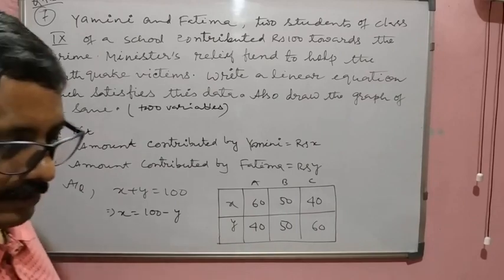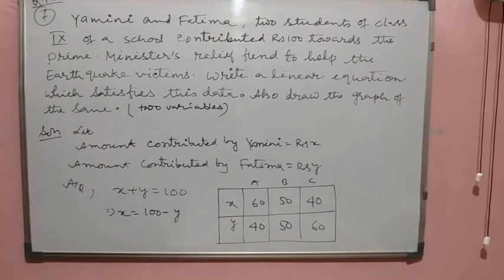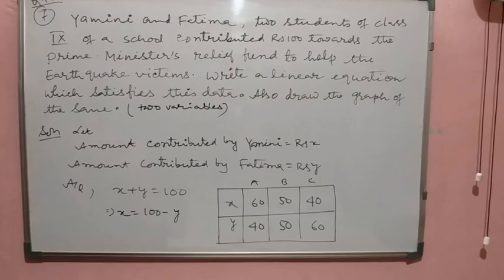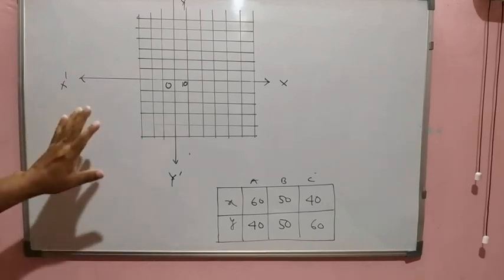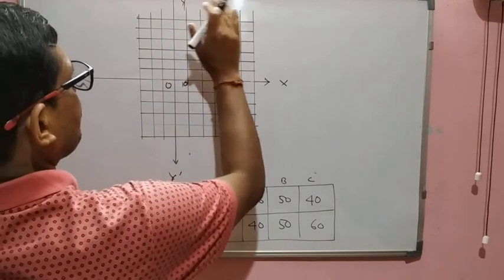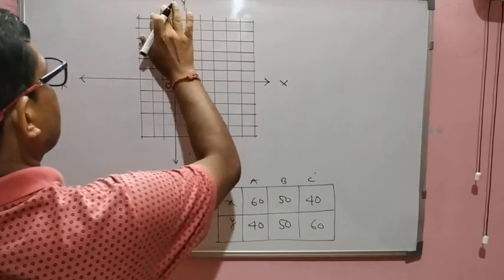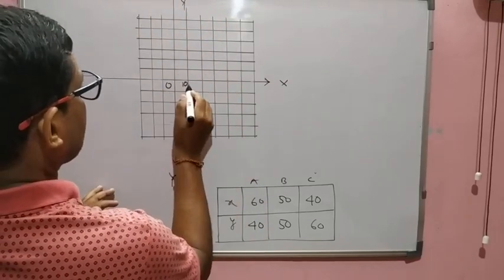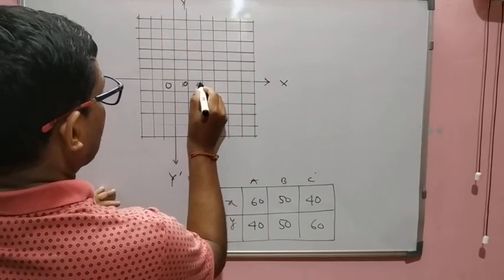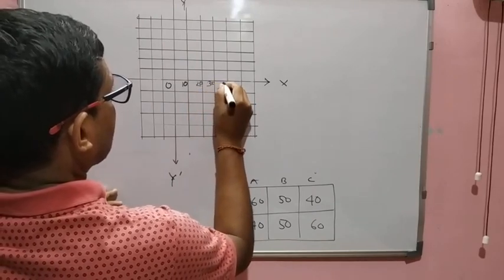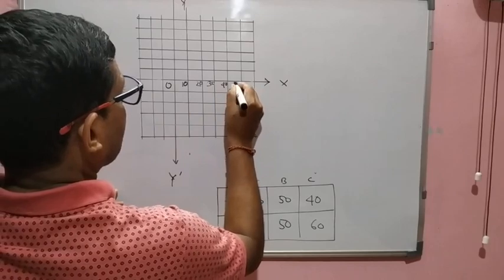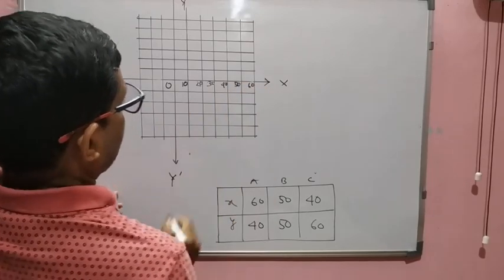But while we are going to draw the graph, we should remember one thing. I am showing you the graph here. Here you see, this is the origin. So 10, 20, 30, 40, 50, 60.